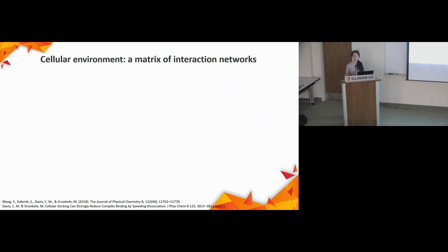All those molecules form a really complex matrix of interaction network. So the protein is performing its function in this interaction matrix. So when we study protein dynamics, protein behavior, it becomes extremely important to put the protein in its native environment, not only the test tube, but in the living cells.